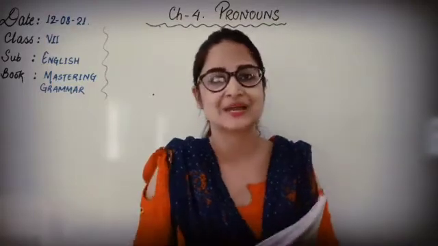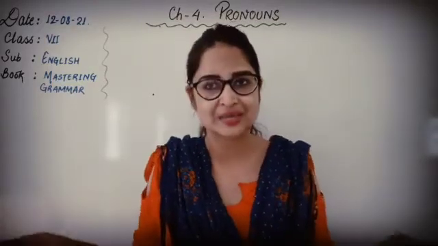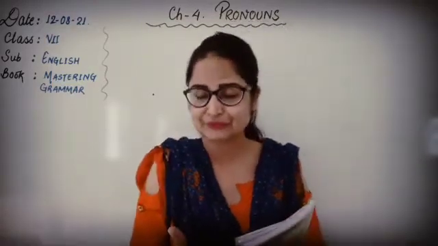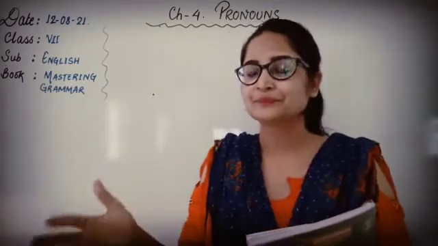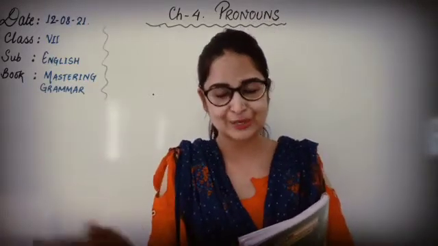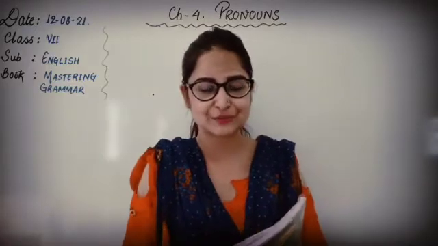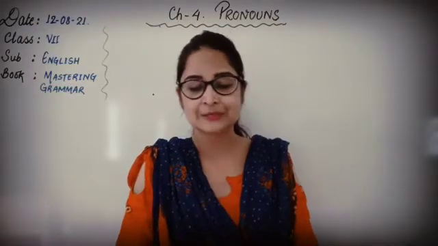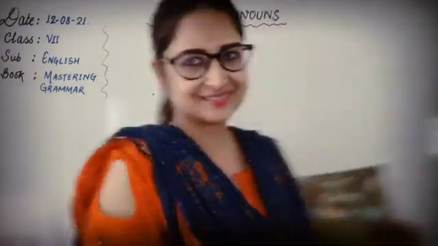I told you that they are of two kinds, subjective pronouns and objective personal pronouns. I had already discussed this with you. So now let's move ahead with possessive pronouns.